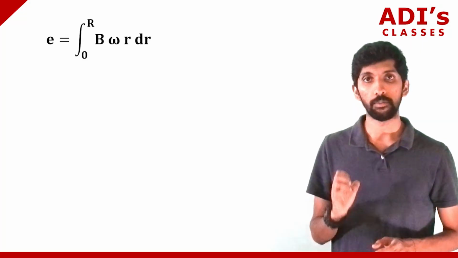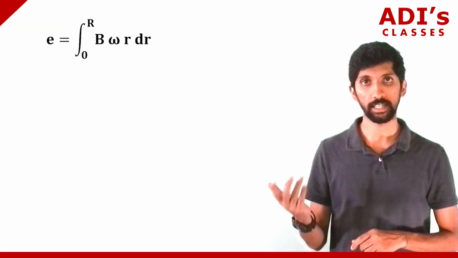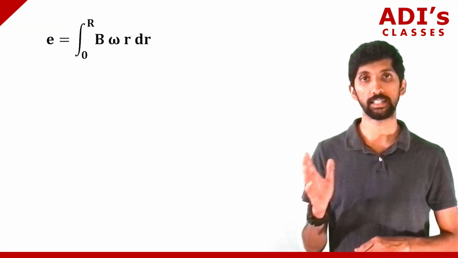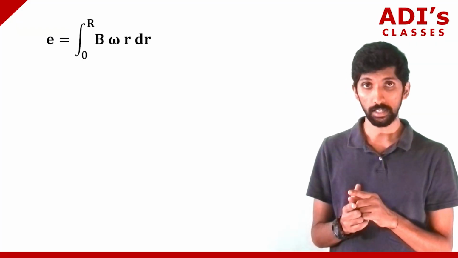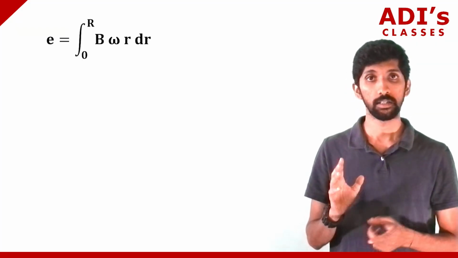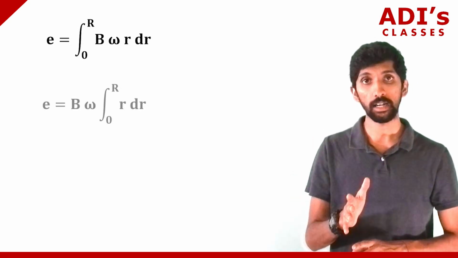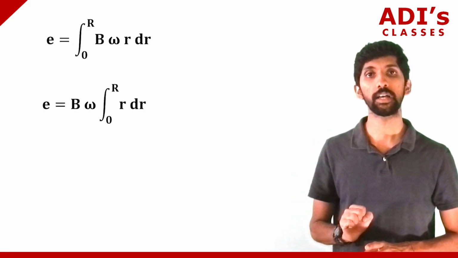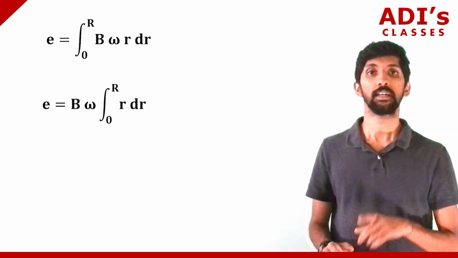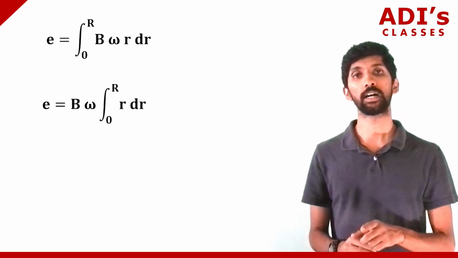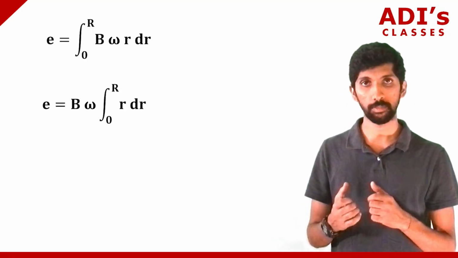When you integrate dE, you get E. So E is equal to the integration from 0 to R of B, and V was omega R, substitute that here. So we get B omega R dr. Now B omega is constant, so if you keep it outside, you get B omega times the integration of R dr from 0 to R. If you integrate that, you get R square by 2.